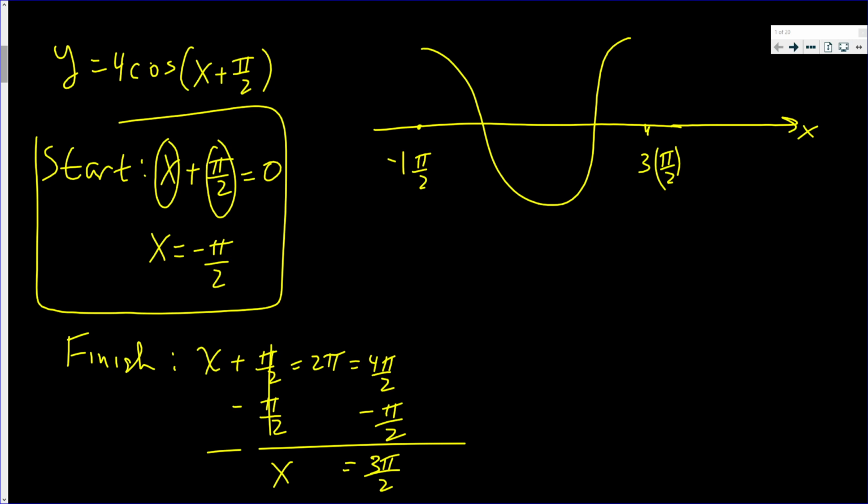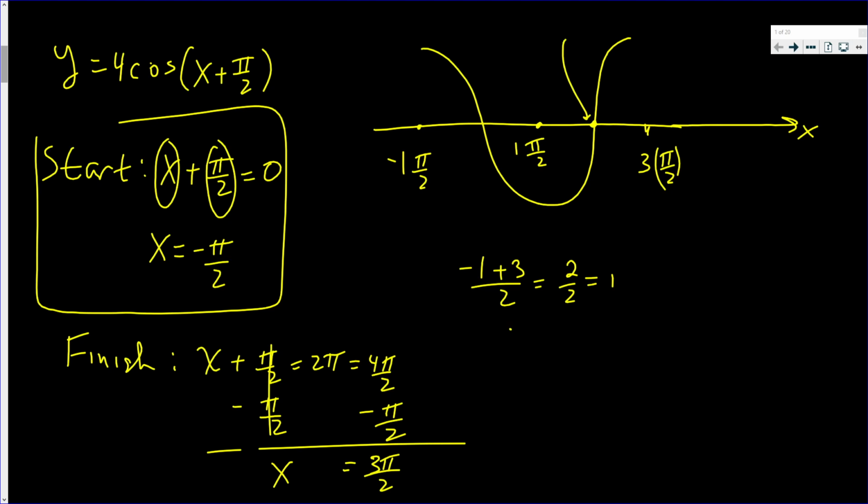So, what's in the middle? Well, add them up and divide by 2. You get 2 over 2, which is 1. 1 what? 1 pi over 2. What's in between 1 and 3? 2.